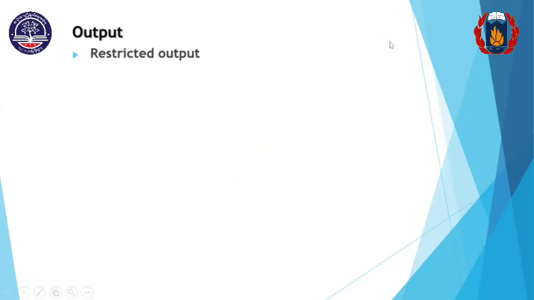So when we give the learner restricted input and authentic input, we have restricted output and authentic output. Restricted output is a kind of controlled practice.